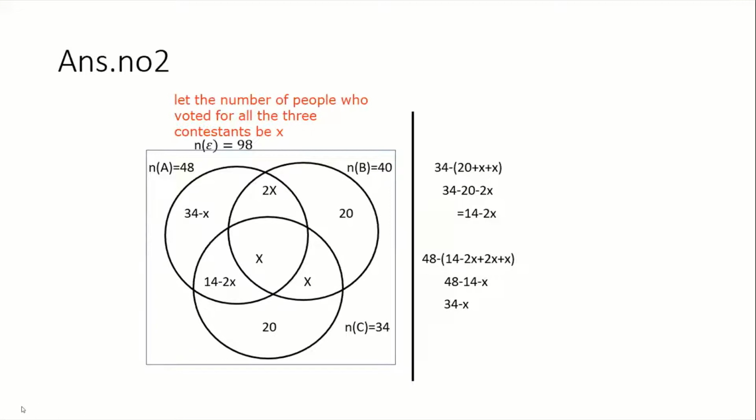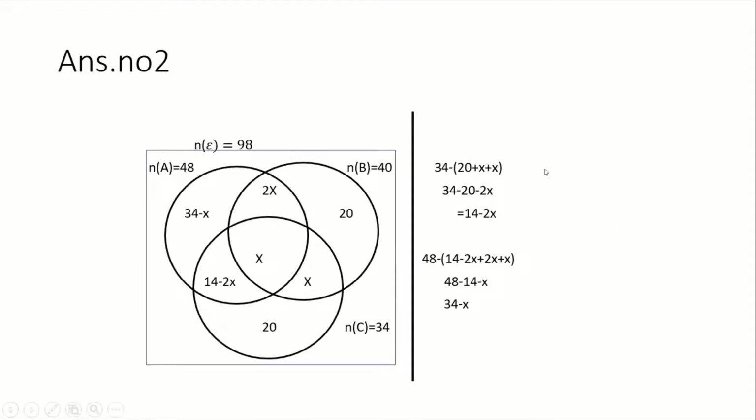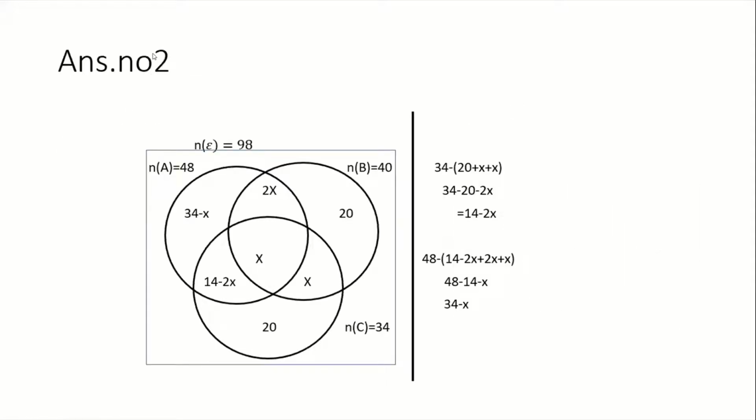So if we go ahead and use our B set, we shall end up with x plus 20 is equal to 40. Okay, let me do it on the other side. Okay, we shall go ahead and find these.